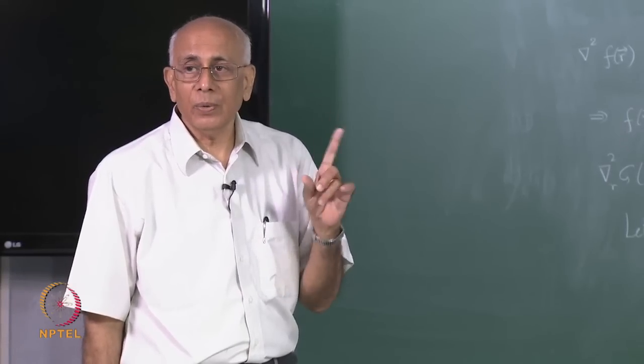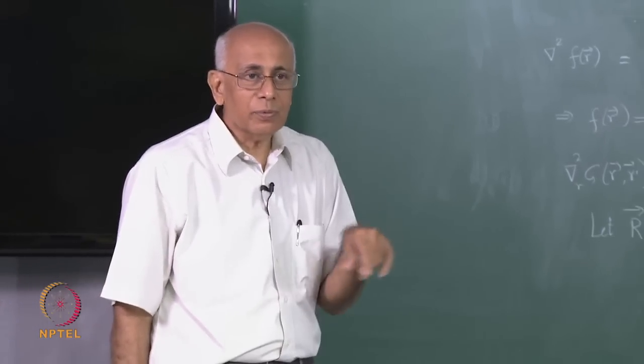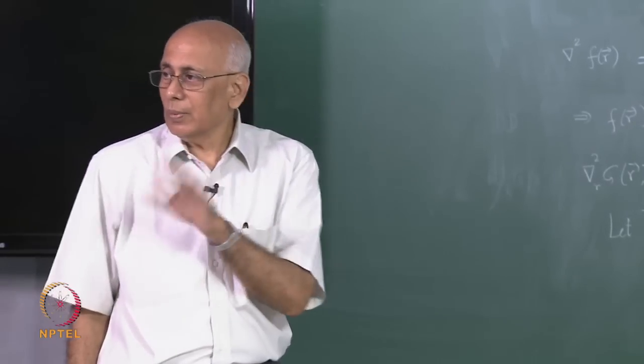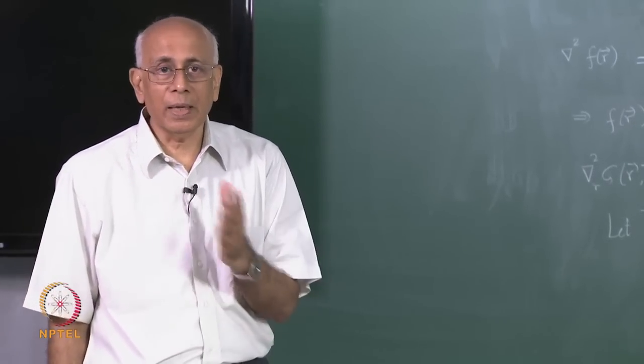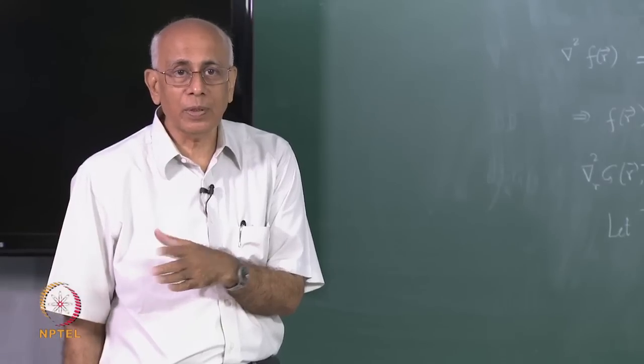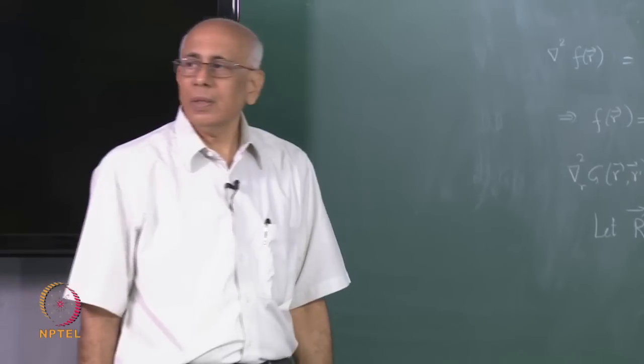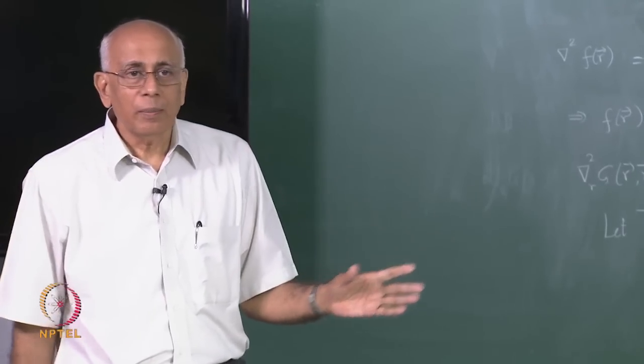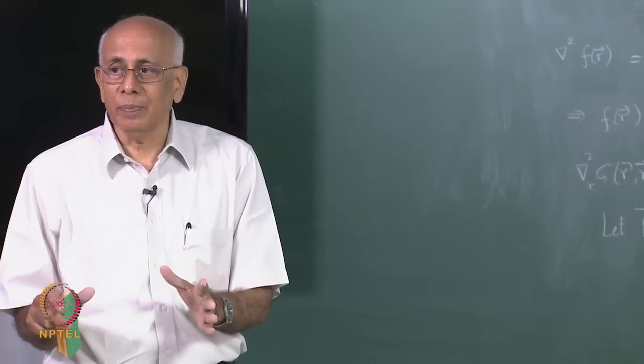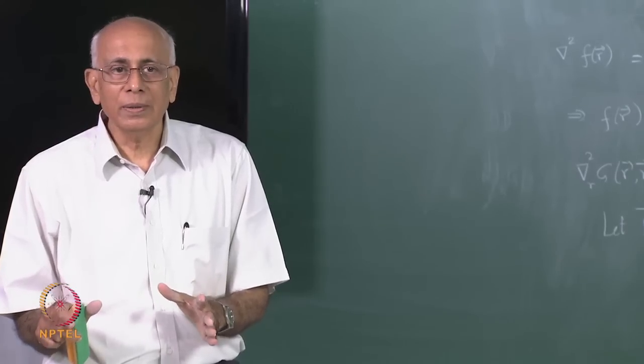Think of the example we looked at a little earlier, d2f over dx2 equal to a delta of x minus x prime on the right hand side, for the second derivative operator. That Green function did not turn out to be, we did not work it out fully, but it is not a function of x minus x prime. Why not?